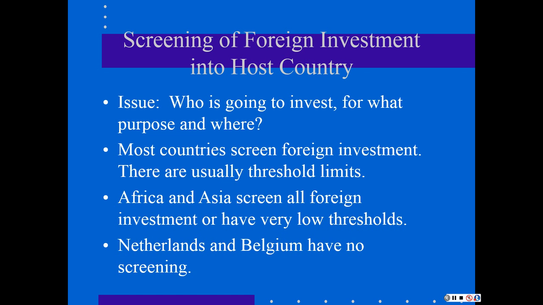Most countries screen foreign investment, but there usually are threshold limits. For example, Africa and Asia screen all foreign investments, or they have a very low threshold, whereas the Netherlands and Belgium have no screening at all. Just bring your money and invest it here.